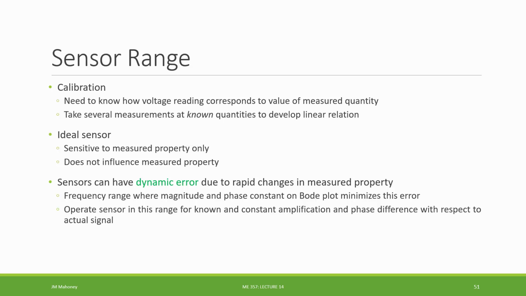So we can visualize this using a Bode plot of the transfer function. And this is going to tell us, is this sensor better for low frequency application, high frequency application, or some mid frequency application. So let's demonstrate this with a couple of quick examples of looking at sensors.